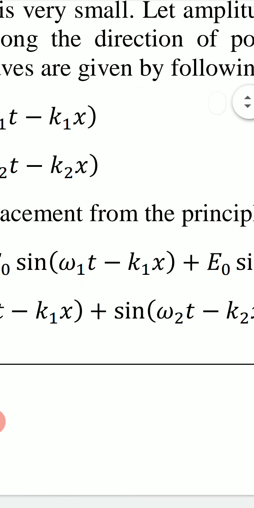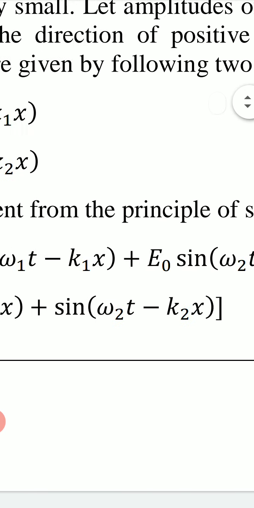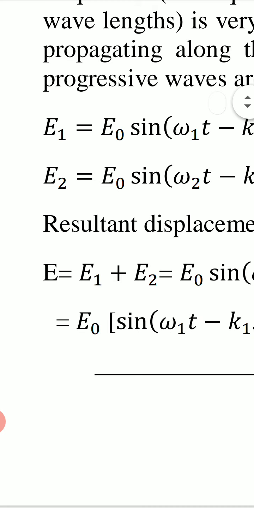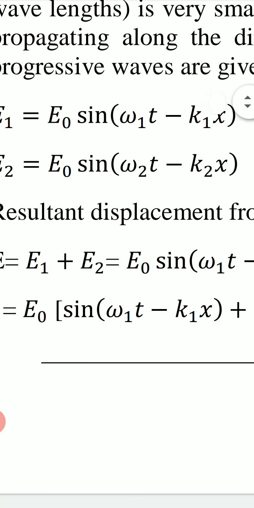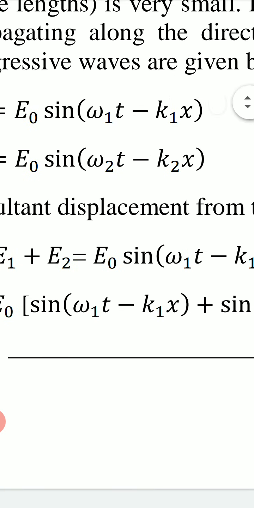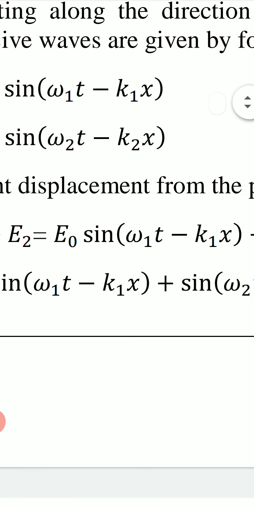The resultant displacement from the principle of superposition is E equal to E1 plus E2. The resultant displacement will be the sum of the two displacements E1 and E2. So E is equal to E1 plus E2. Put the values of E1 and E2.